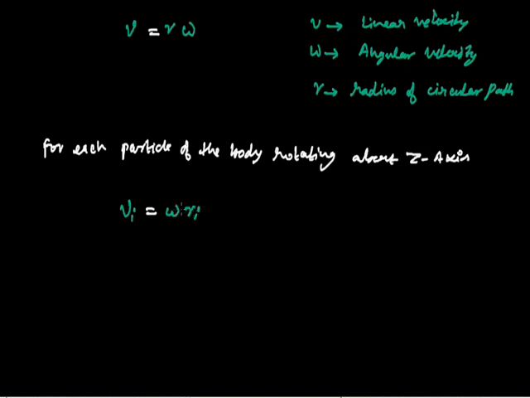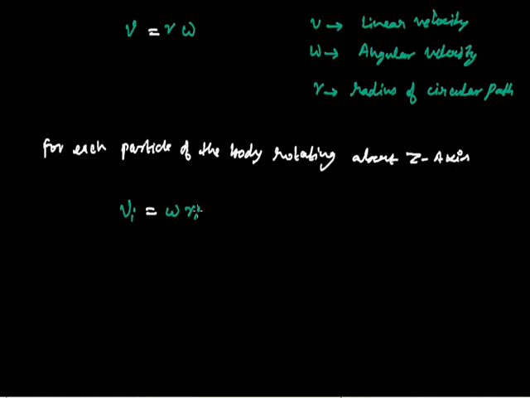We have not assigned the subscript i for omega because the angular velocity for all of the particles of that rotating body is the same, but the linear velocity depends on the position of that particle from the rotational axis.